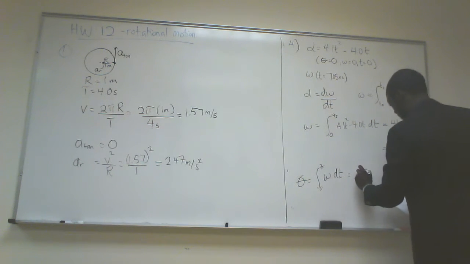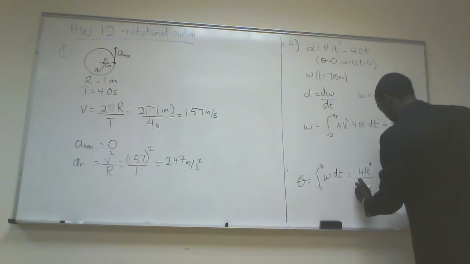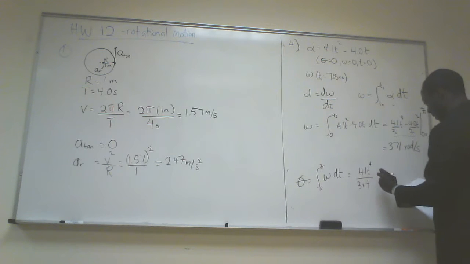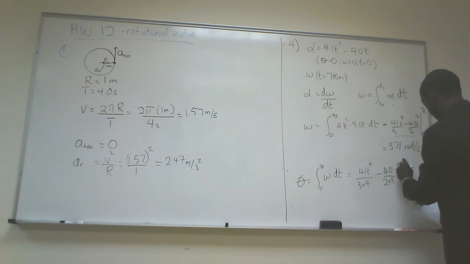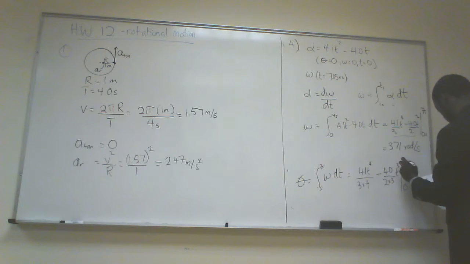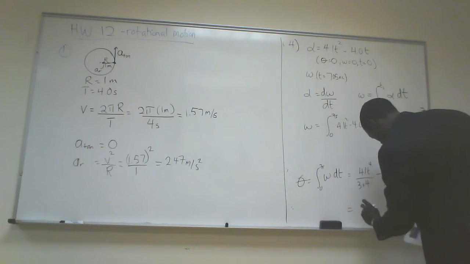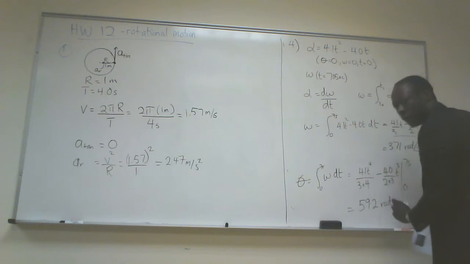And so we get 4.1 t to the 4th divided by 3 times 4. So the 4 comes down here and we increase the index, minus 4.0 divided by 2 times 3 t cubed, and we evaluate this from 0 to 7 seconds, and hence we get a displacement of 592 radians.